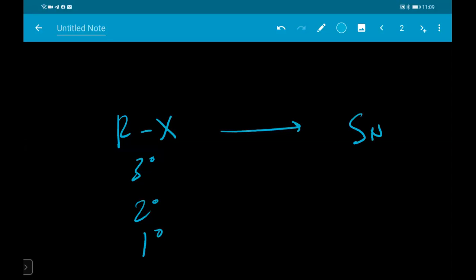So for the substitution reaction, again, it was from alkyl halide. Doesn't matter if it is tertiary, secondary or primary, ataupun primary, secondary or tertiary, sama saja. We're going to perform the substitution reaction. In the end, the X will be replaced by the nucleophile that we introduced.